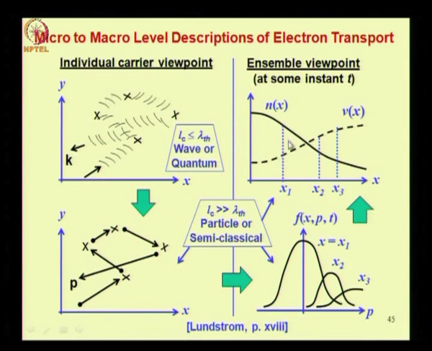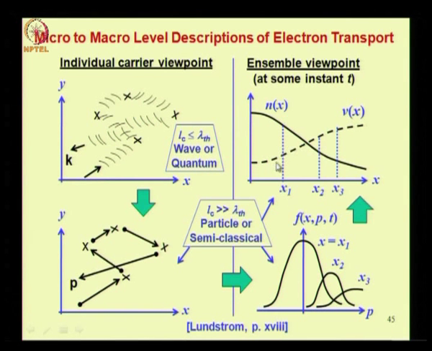At x1 the carrier velocity is this much, a reflection of the fact that the peak is at some momentum here, and whatever velocity you calculate from this momentum is what you have put here. At x2 the distribution is like this, so you take this momentum value, from there you find out the velocity that you get here, and similarly for x3.